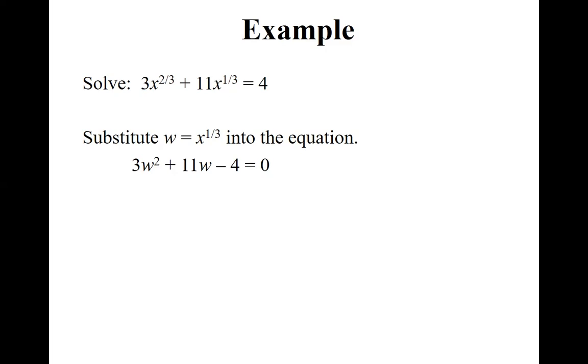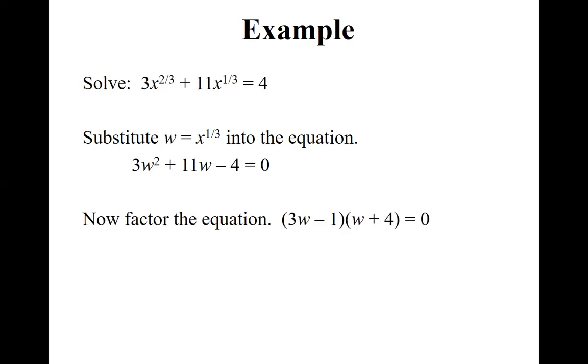Using the AC method, are there numbers that multiply to -12 that add to 11? Positive 12 and -1. So make that plus 11w into plus 12w minus w. Factor by grouping.